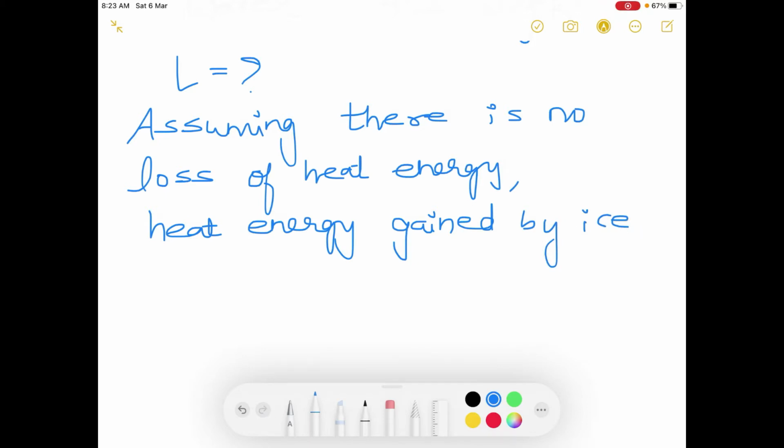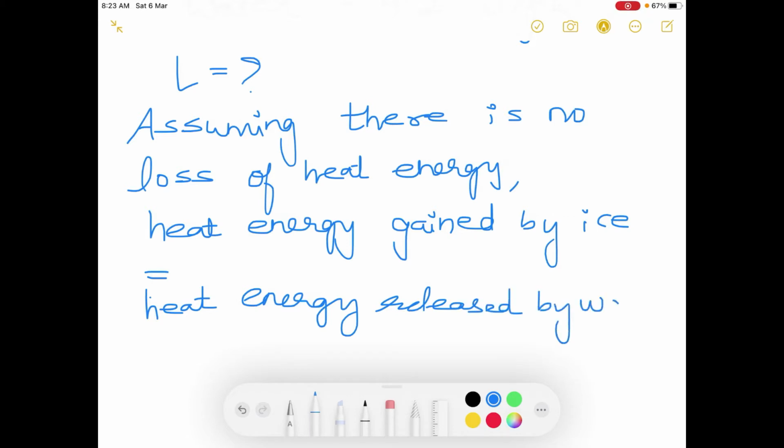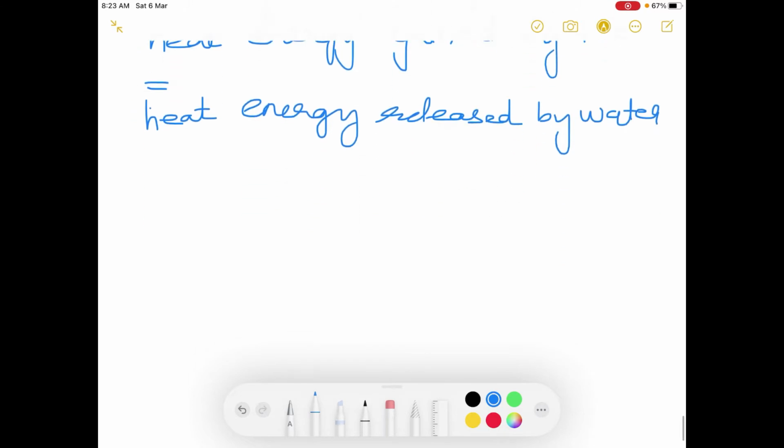Heat energy gained by ice will be equal to the heat energy that is lost by water or released by water. Released by water. This can be our assumption.